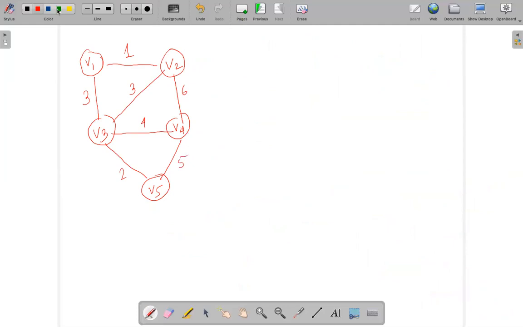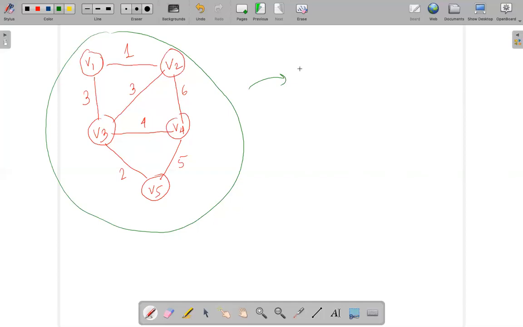Let's say that this is an input graph. You can construct various spanning trees from this graph. One example is this. Remember, it should be connected, it should be a tree, and it should have all the nodes of the original graph.